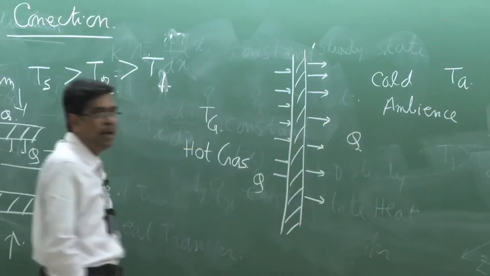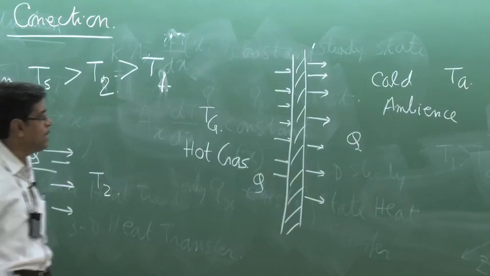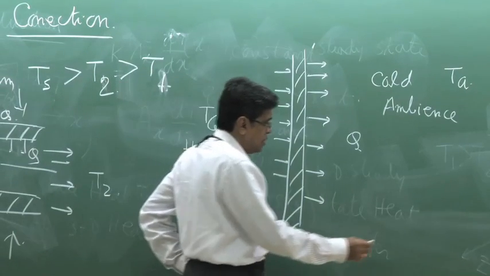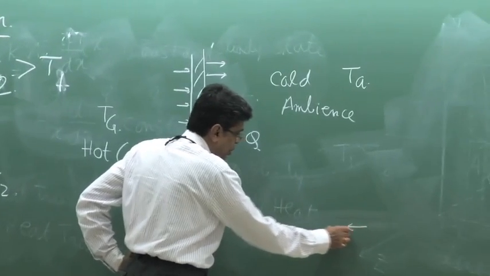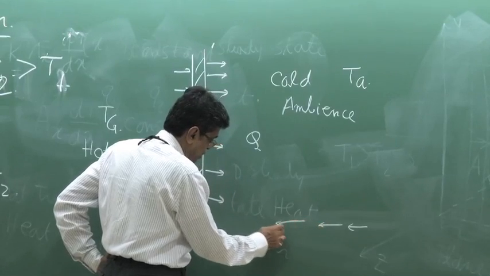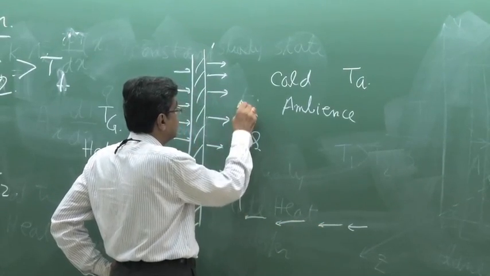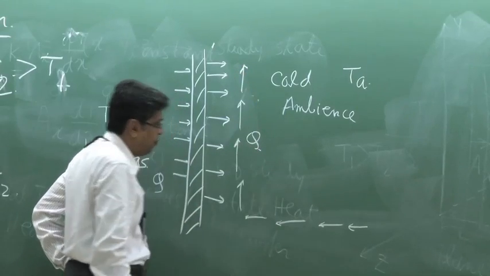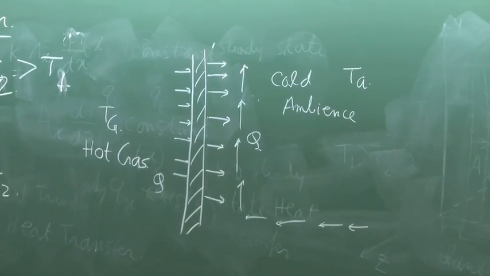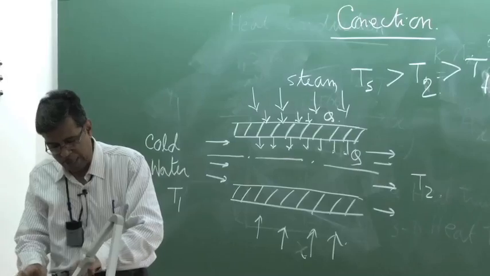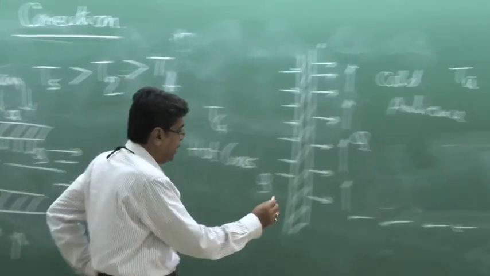And here a flow is induced like this, past the surface. A flow is induced like this. So, to show the flow, I draw with a different color.